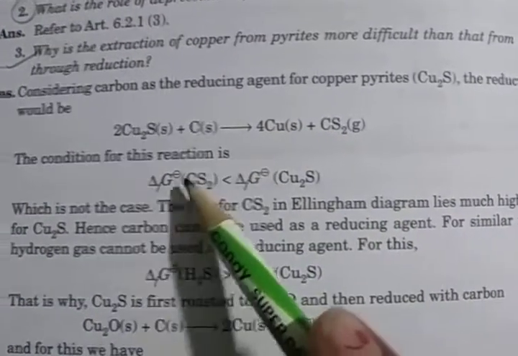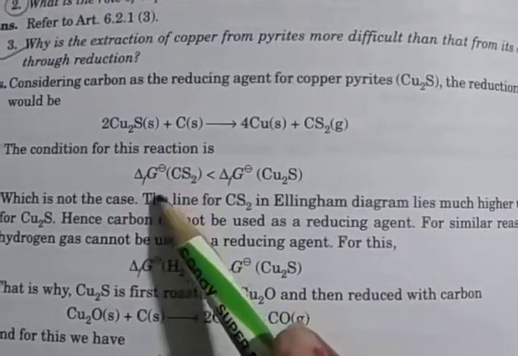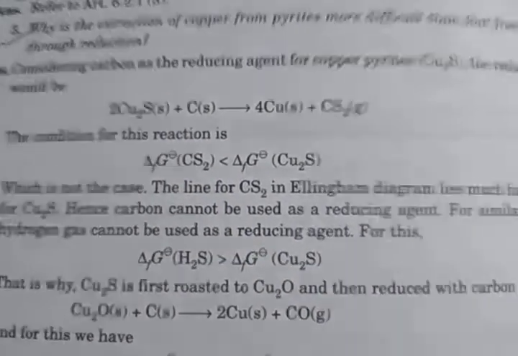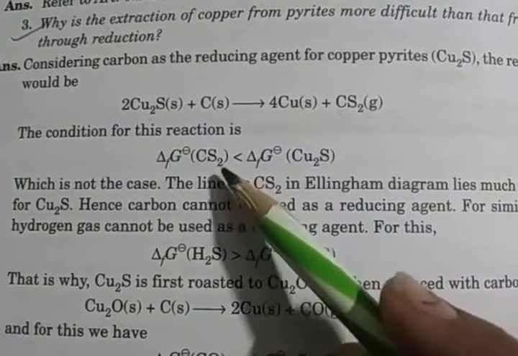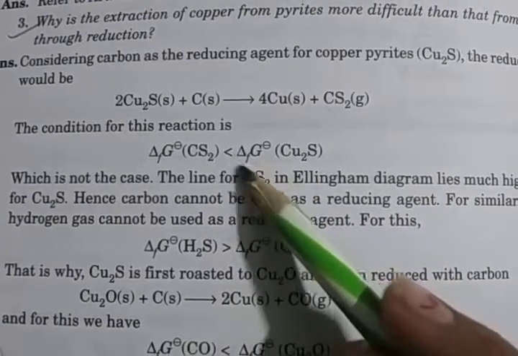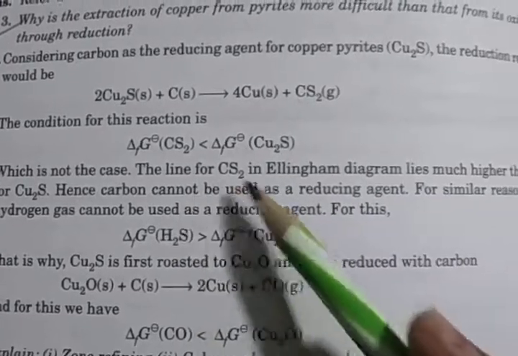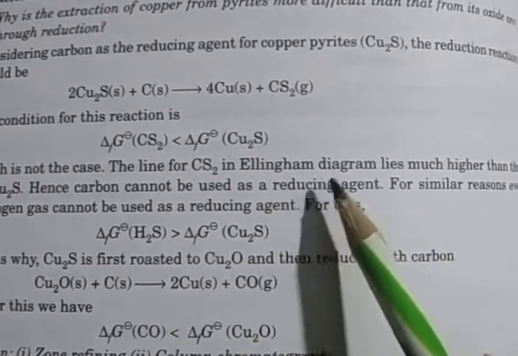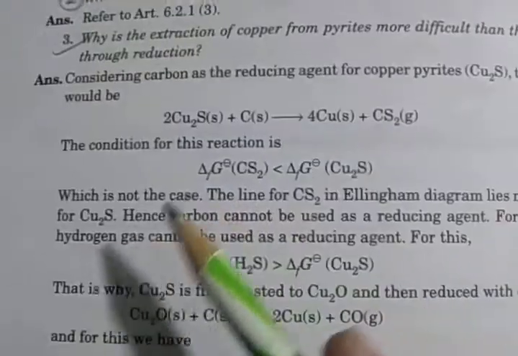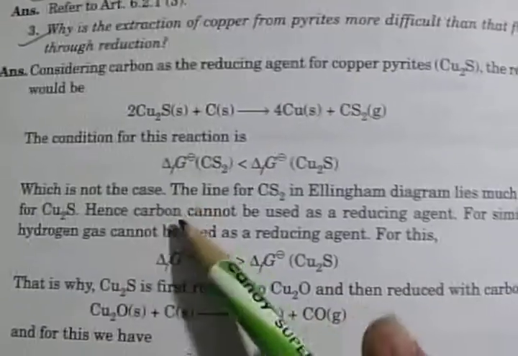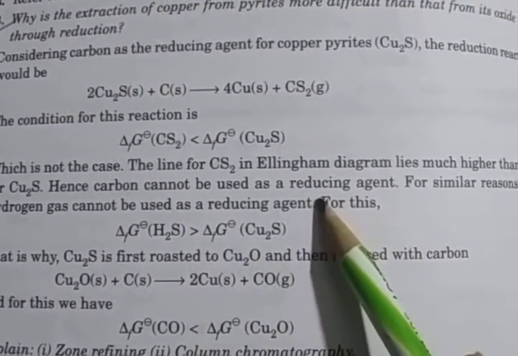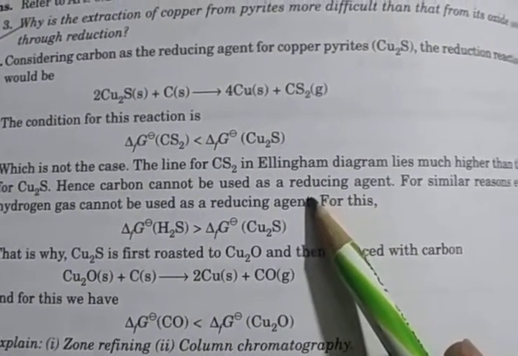The condition for the reaction is that the Gibbs energy delta G for carbon disulfide must be less than for cuprous sulfide, but that is not the case. The line for CS2 in the Ellingham diagram lies much higher than Cu2S, so carbon cannot be used as a reducing agent, right?